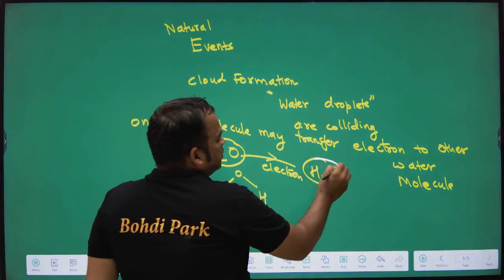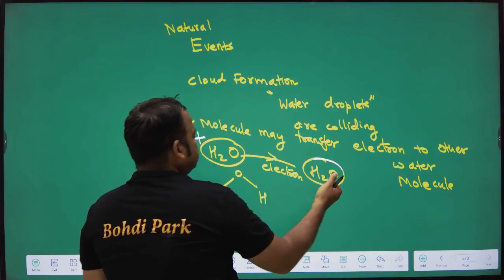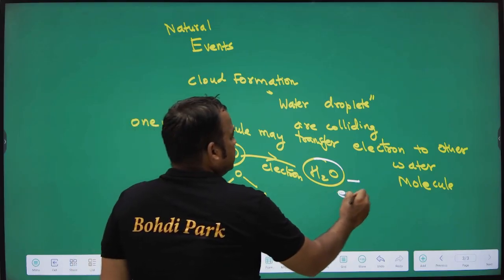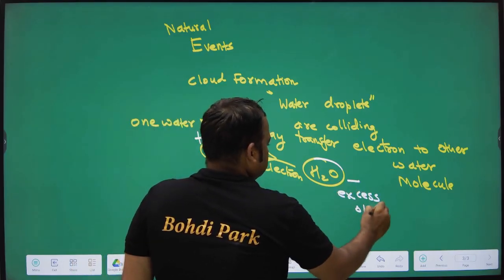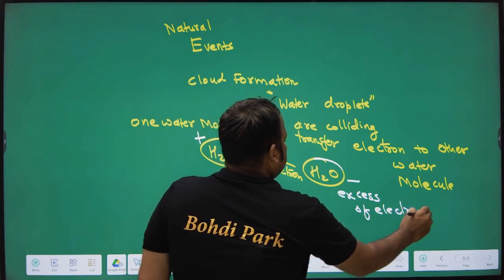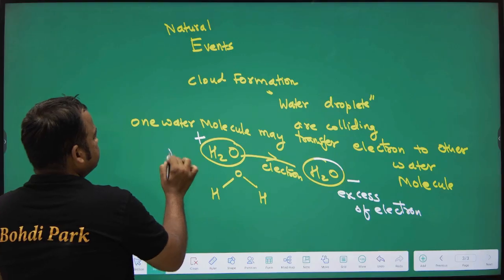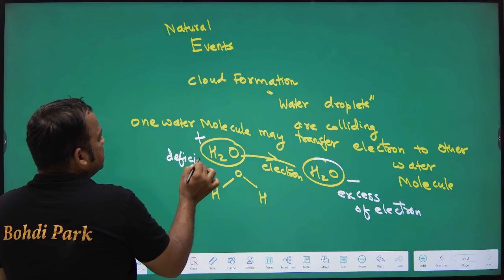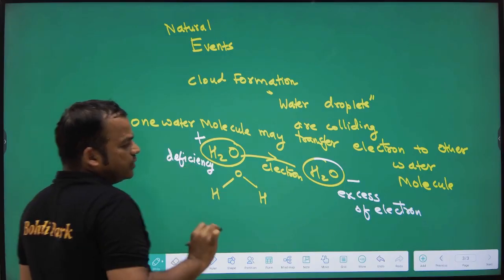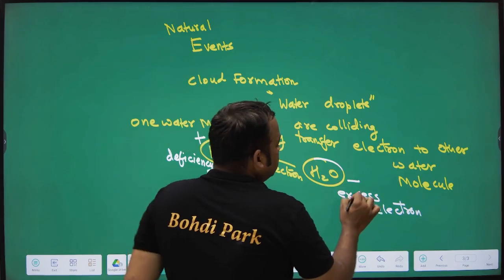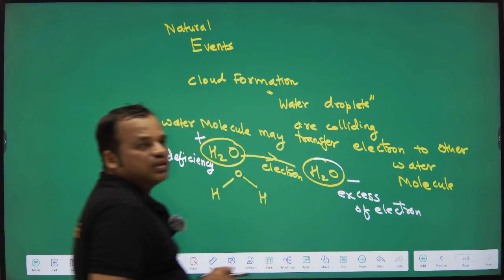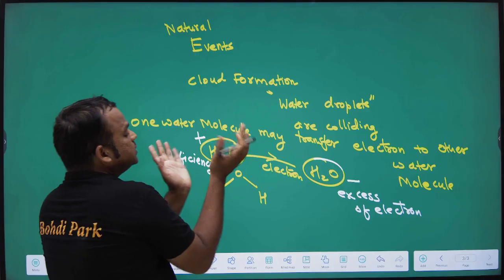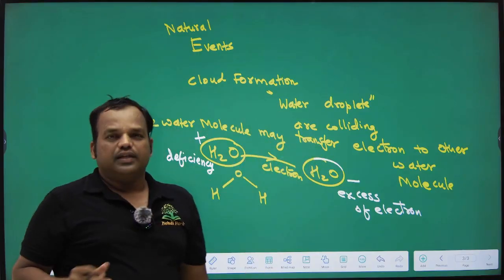Similarly, another water molecule is gaining an electron, so there will be an excess of electrons. So one water molecule gets positively charged, another gets negatively charged.